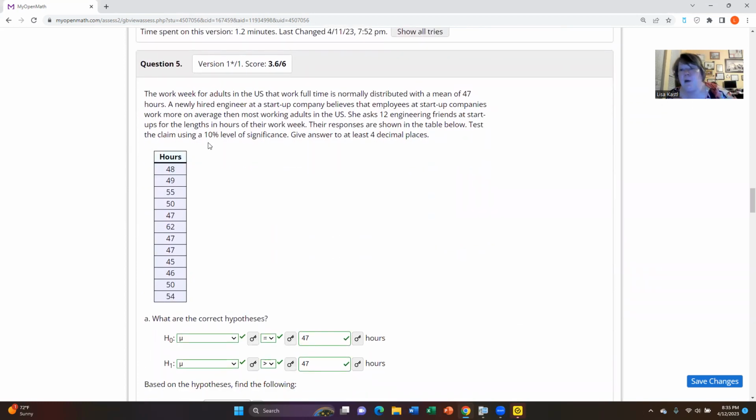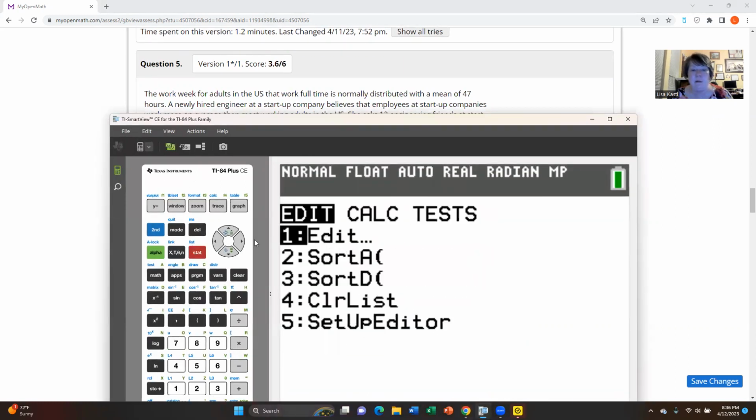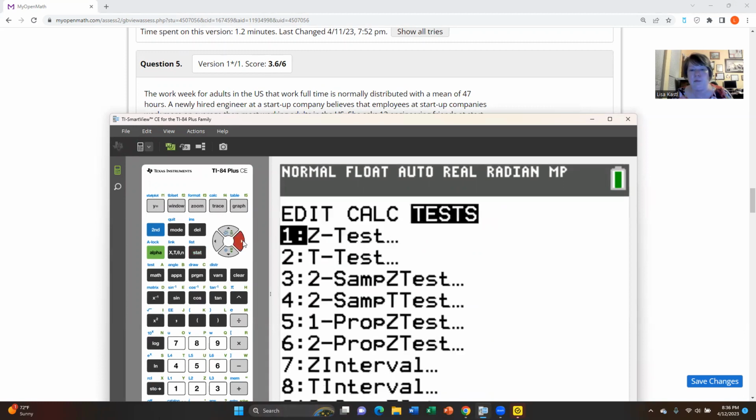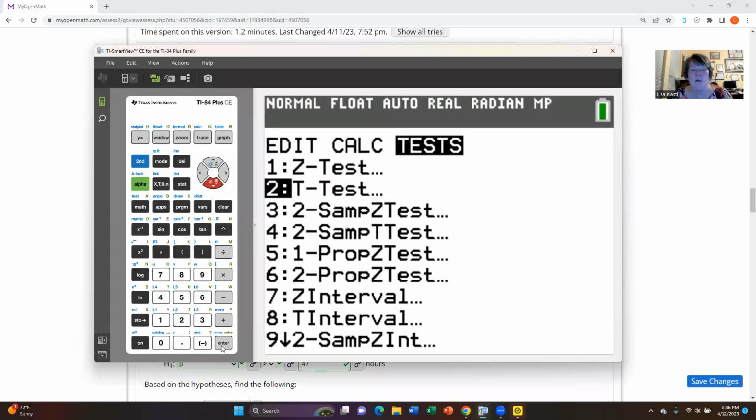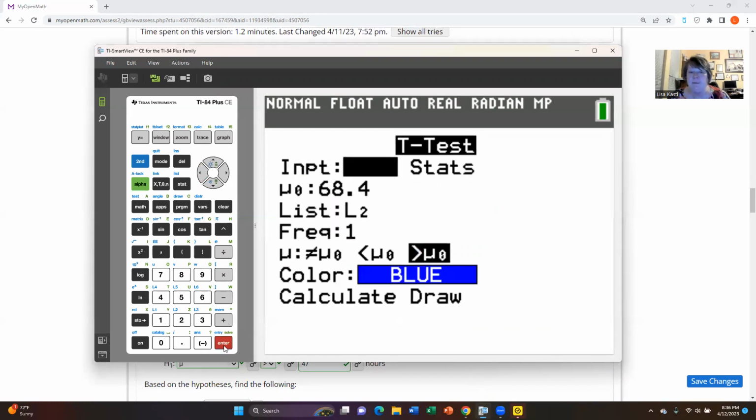This one, problem 5, you are going to have to put your data in your calculator. So put this in a list. And then when you go to your calculator, go to stat, tests, t-test. Instead of selecting stats, you're going to go over to data and select that. Then you give it the mean from your hypothesis, which is 47.